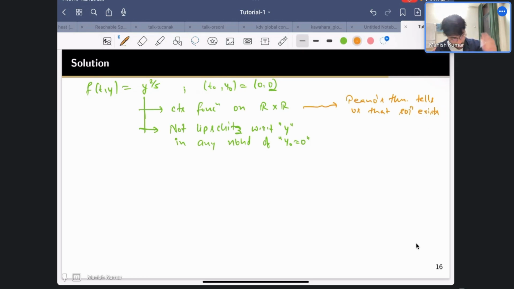Okay, so we can guarantee that the solution exists. Here Picard's theorem is not applicable. The hypothesis of Picard's theorem is not satisfied.